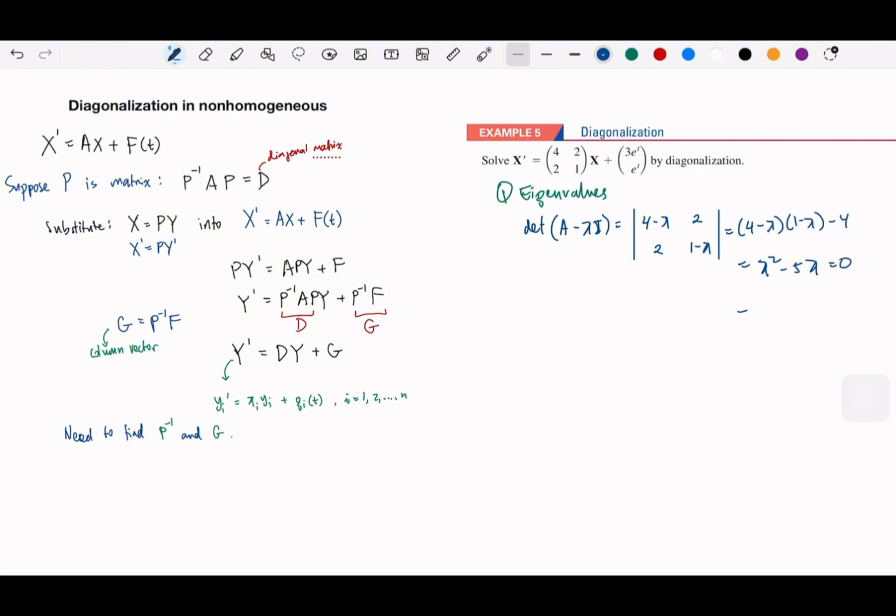This is 0. So lambda is 0 and 5. And then arrange the eigenvectors and arrange the P.